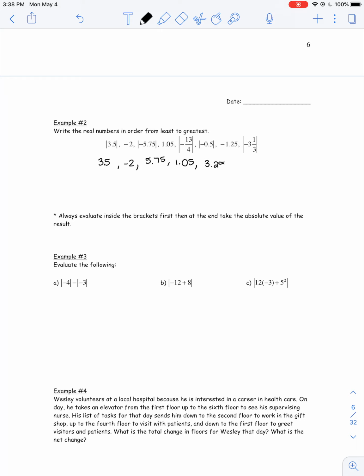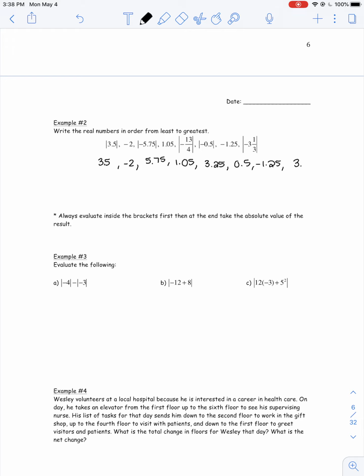Then we use our calculator: 13 divided by 4 is 3.25, and it stays +3.25. Then the absolute of -0.5 becomes 0.5. -1.25 stays as it is.